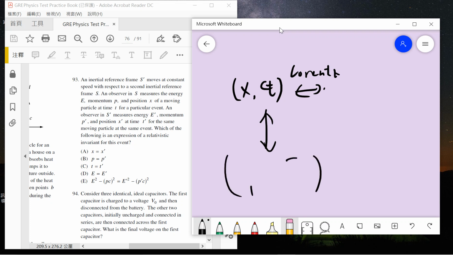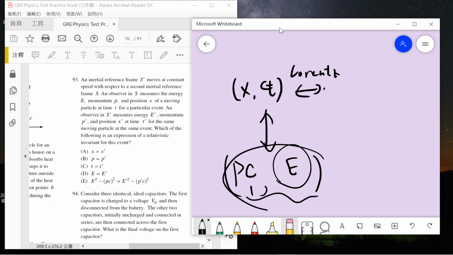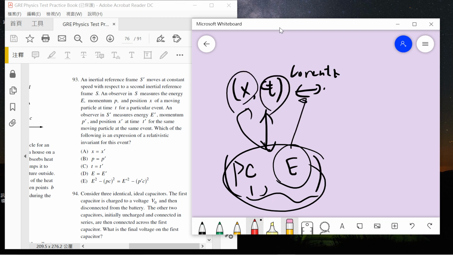The common fact is that the energy and p times c have the same relationship. So any individual one of these four terms is not a Lorentz invariant quantity. The only Lorentz invariant quantity is the 4-vector. So the answer is E.